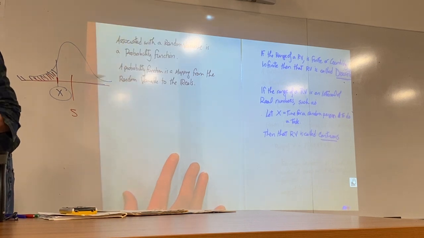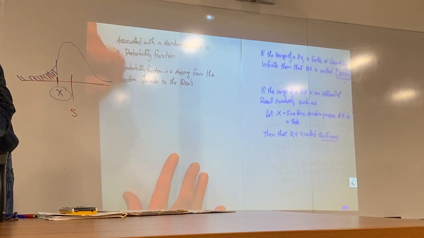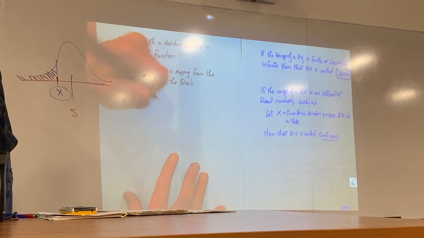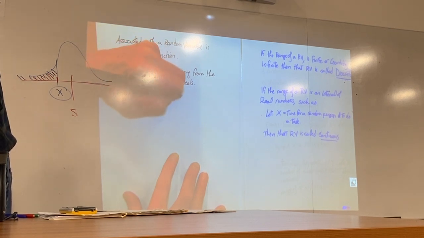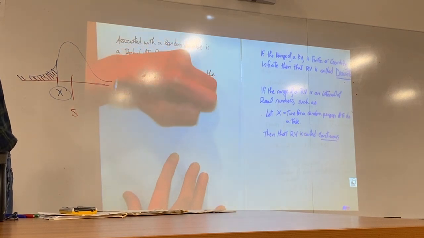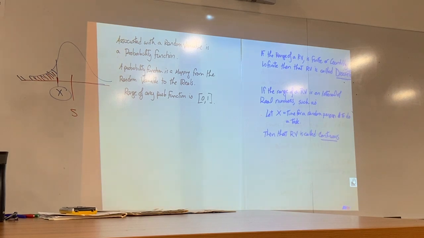And in fact, the range of any probability function is the closed interval 0 to 1. Let's talk a little bit about that.